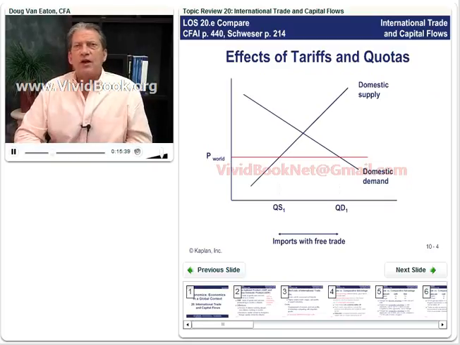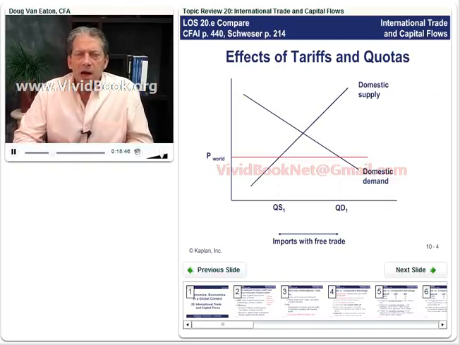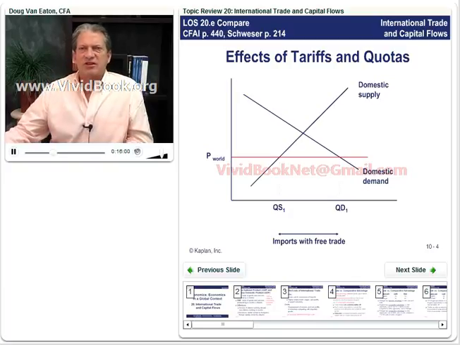So here's our fancy graph on tariffs and quotas. Okay? And we can use some of our microanalysis to take a look at that. So in this diagram, we see there's the world price. No protectionism. There's the world price. And there's domestic supply. So this line here says imports with free trade.